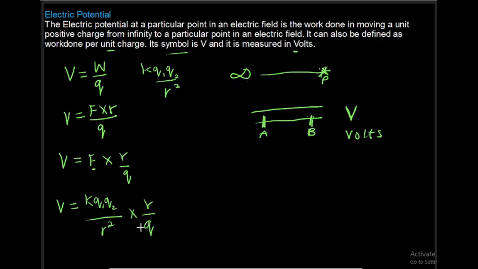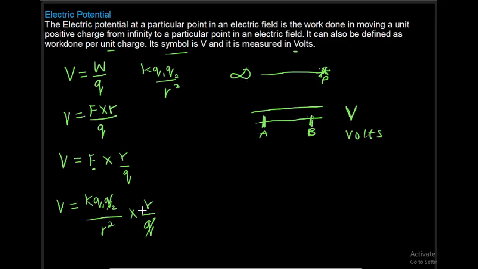Now, do not forget, when we talk about electric potential, we're looking at the work done in moving a unit positive charge. That's just one charge. So in this case, we are dealing with one charge, which means this charge is going to cancel out one of these. So we just have KQ, not Q1 and Q2, just one charge.